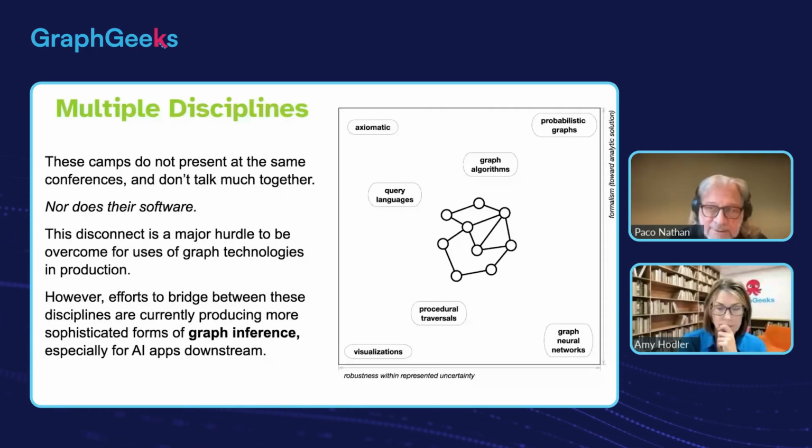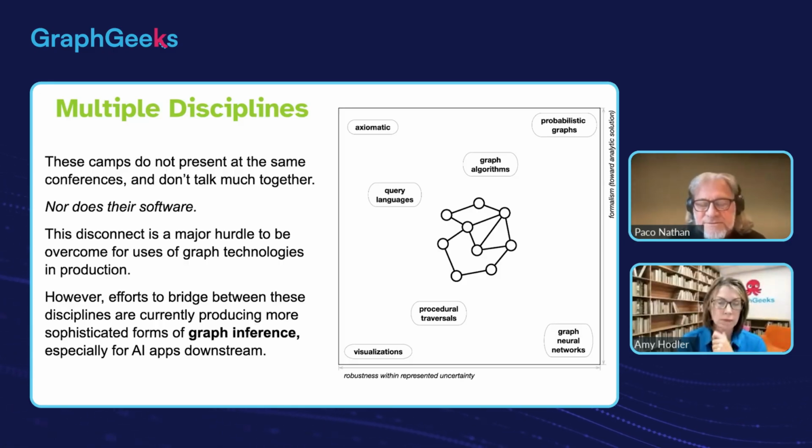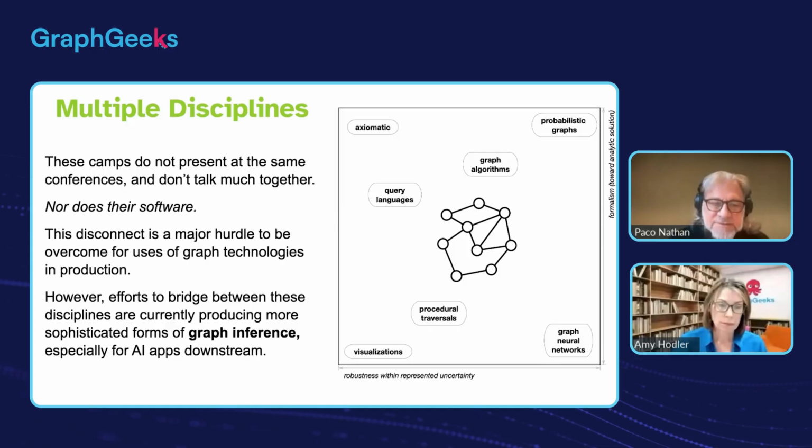But the problem that we've seen over the years is that these camps really don't go to the same conferences. They don't really talk much with each other, and neither does their software. And that kind of disconnect is a major hurdle if you're working in production in industry. Efforts to bridge between these disciplines are producing more sophisticated forms of graph inference, more hybrid approaches, especially when you get into AI applications that are downstream from graph work.